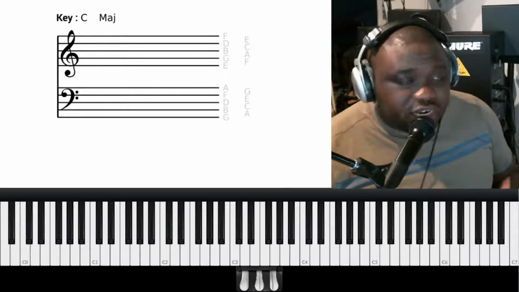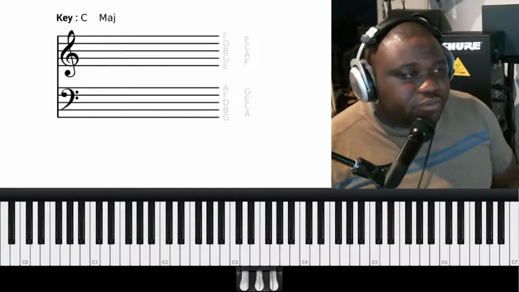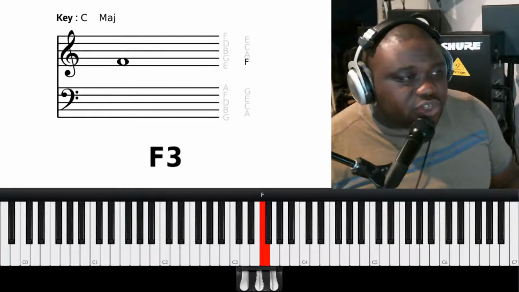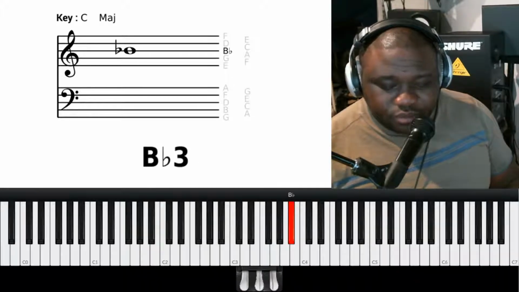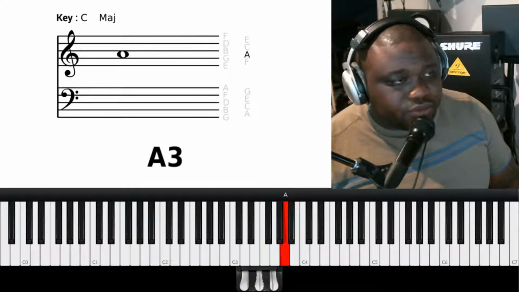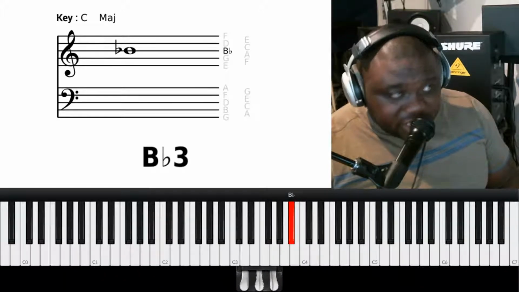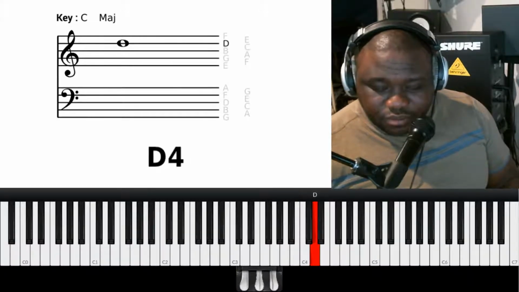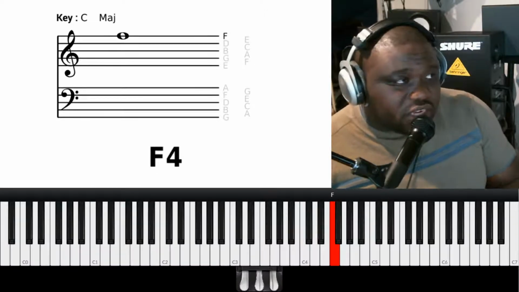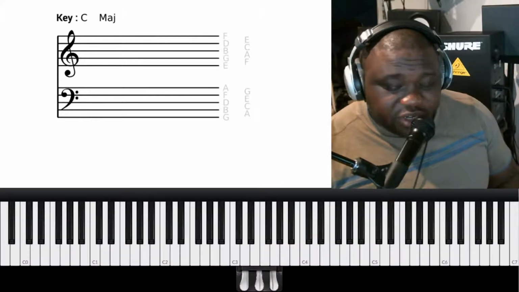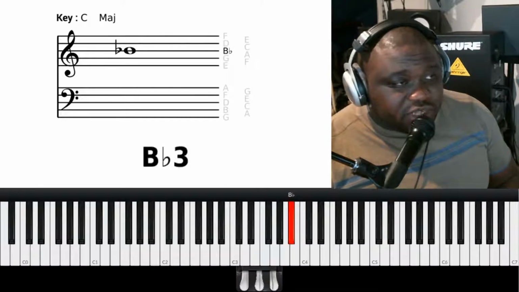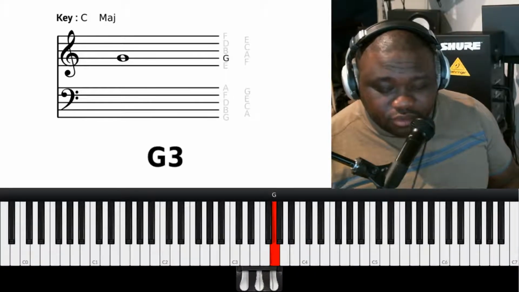So in F, you cannot just do it without knowing the scale, right? So the thing about F is it goes straight forward, but here, you got to remember to come to the B flat.